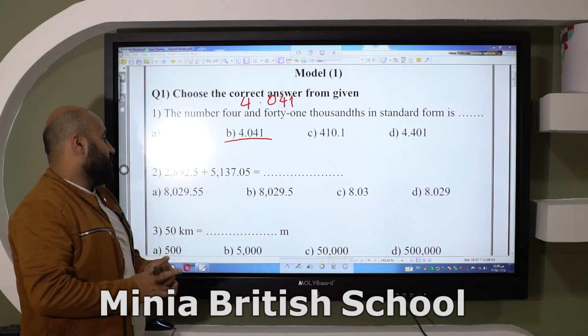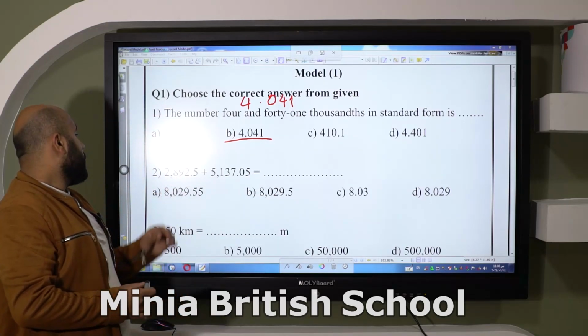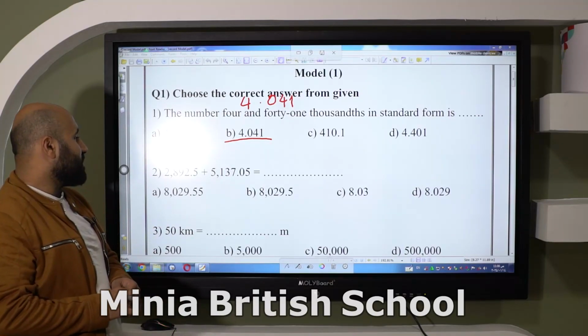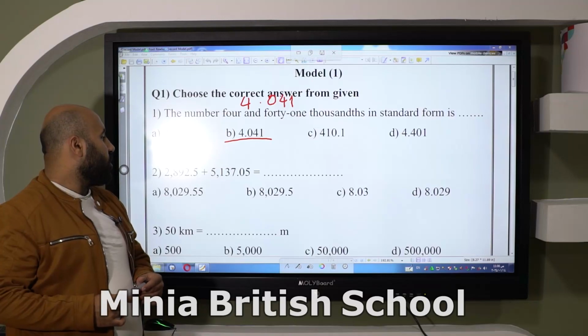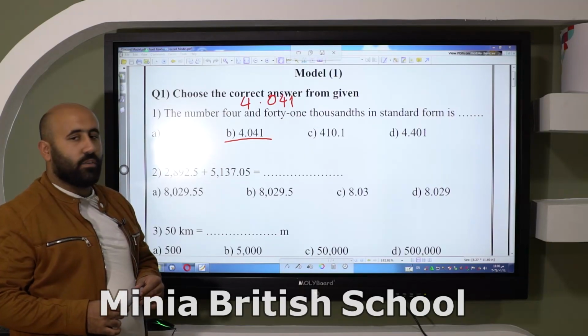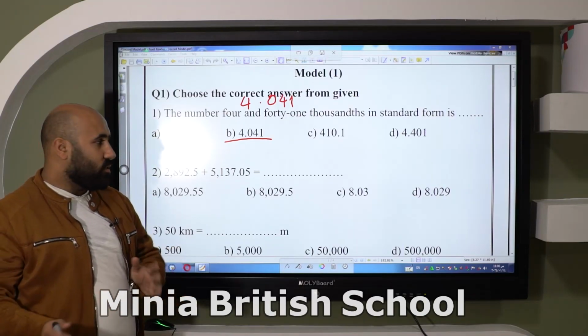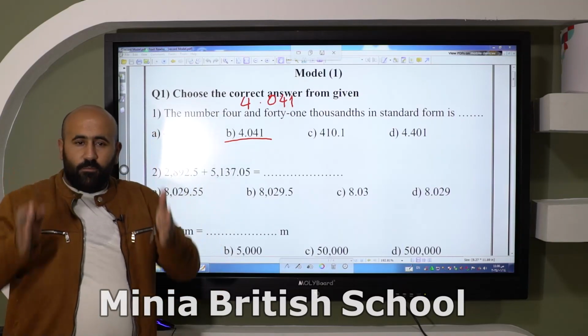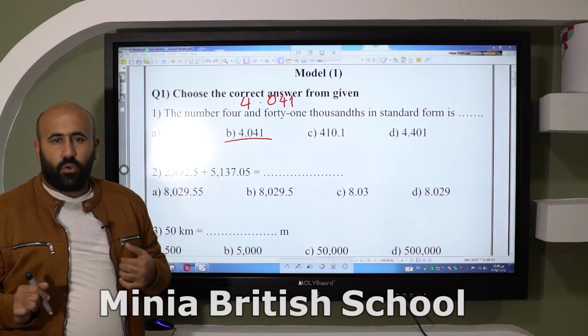The second question: 2892.5 plus 5173.05, and I must get the result. So if I want to get the result, I must put them vertically to make it obvious for me.